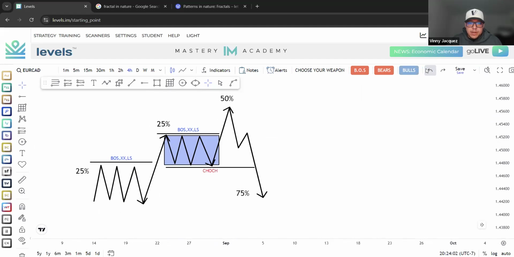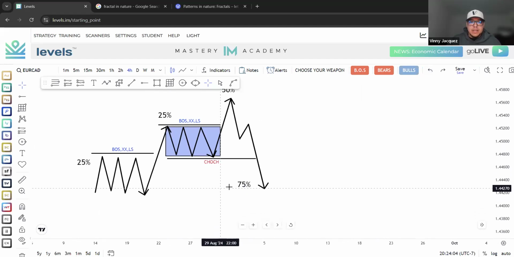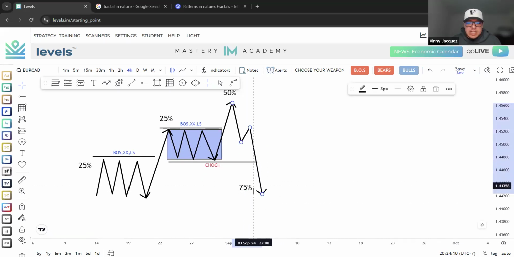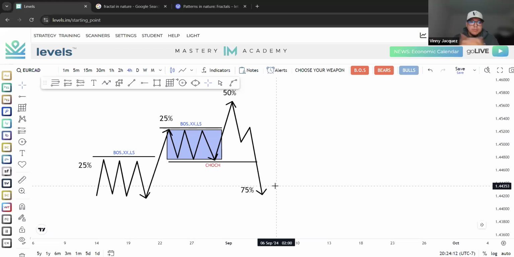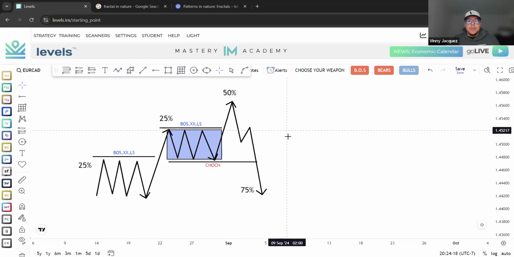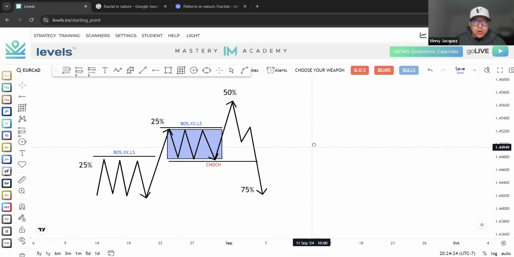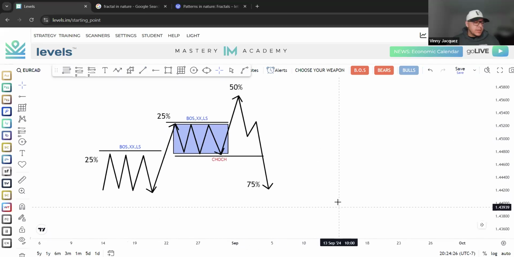Until we get this 75%, guys, we are not looking for sales. But as soon as we get this 75% confirmation, it's go time. We can now start looking for sales. Okay. So let's go ahead. My shoulder, guys. Does anybody know where my shoulder is? If you can draw on my chart and annotate, where's my shoulder at?